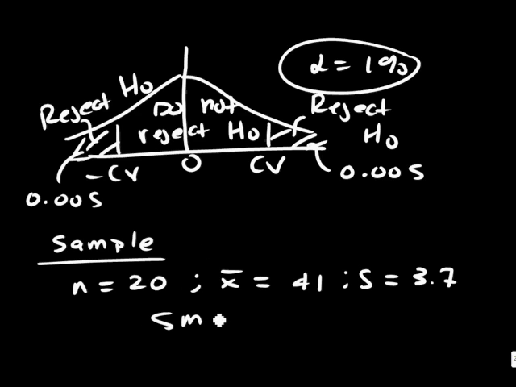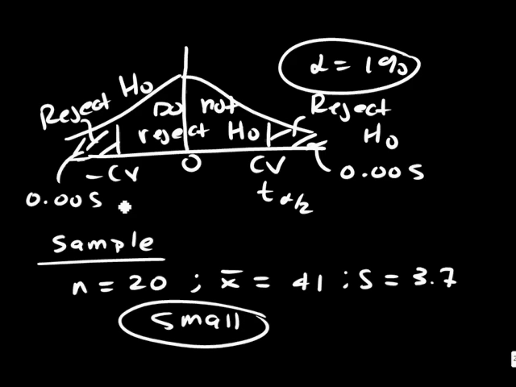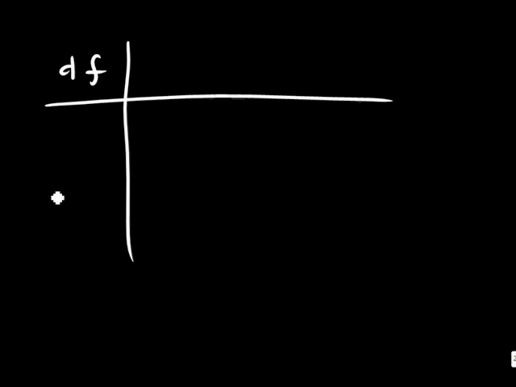We need t alpha over 2 values for critical values. The t-table works by locating a degree of freedom row. Degree of freedom is the sample size minus 1.